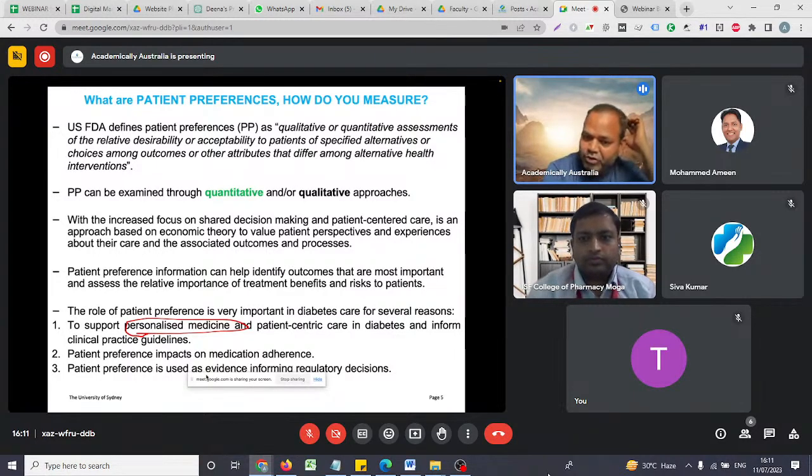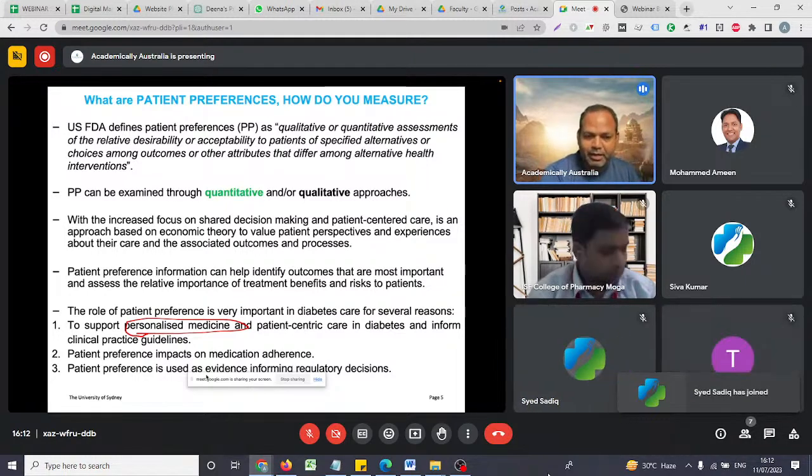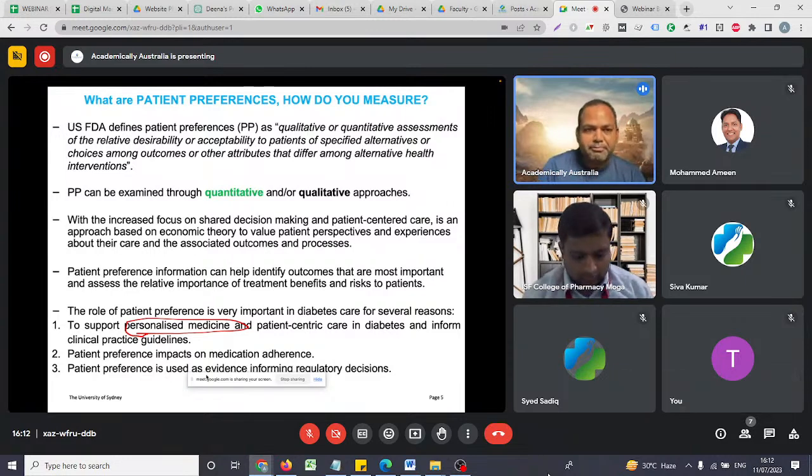As I told you, some regulatory bodies, before they decide to give approval for any formulation to go to market, have to see if the patient preference is high. They give preference to that medicine, giving permission so it can be marketed.